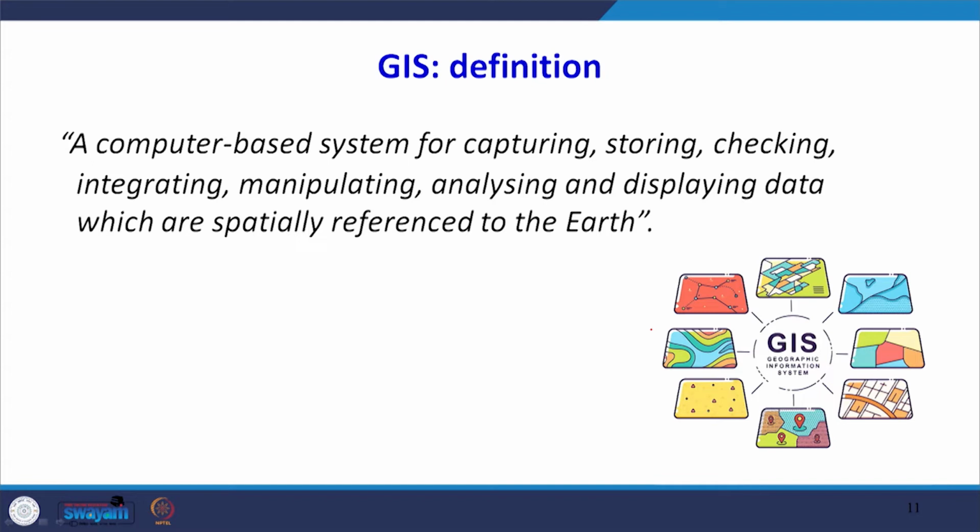And all this data is geographically referenced data. So, the geo-referencing of the data is very important, so that we can use all the data for various kinds of activities.